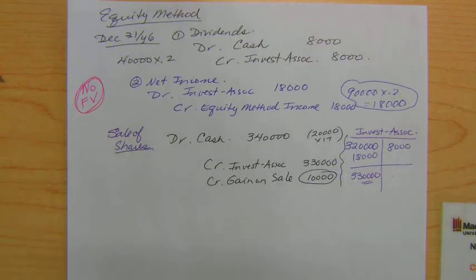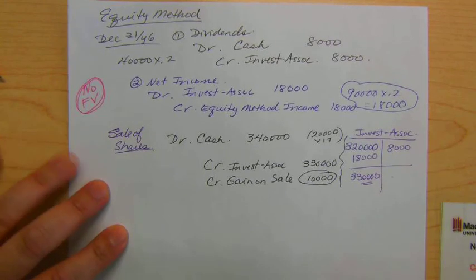Questions? Okay, that's the end of this question. What we reviewed is fair value through profit or loss and the equity method. And the equity method, I suggest keeping somewhere, if you're taking notes electronically, in a separate file or on a separate piece of paper.